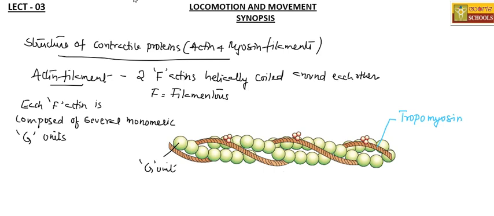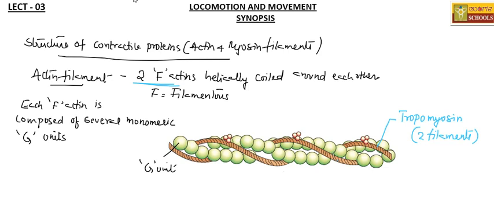This tropomyosin is also two filaments, running along with the F actin. So there are two F actins, and also two filaments of tropomyosin. This is one tropomyosin, this is another tropomyosin, and they are also in close contact with the F actin.